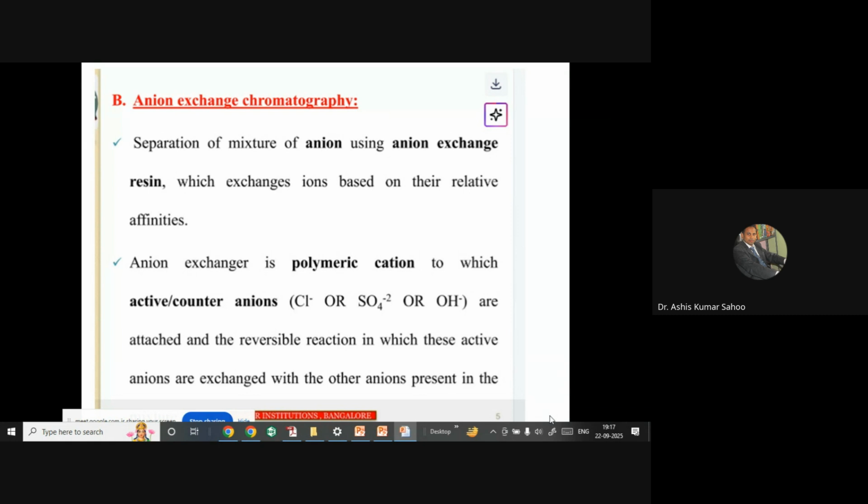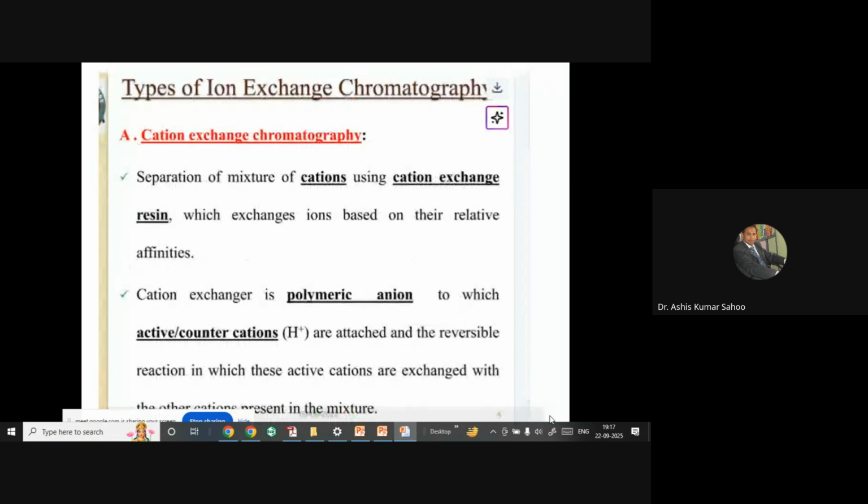So we can separate anions by anion exchanger resin. We can separate cations by cation exchanger resins.